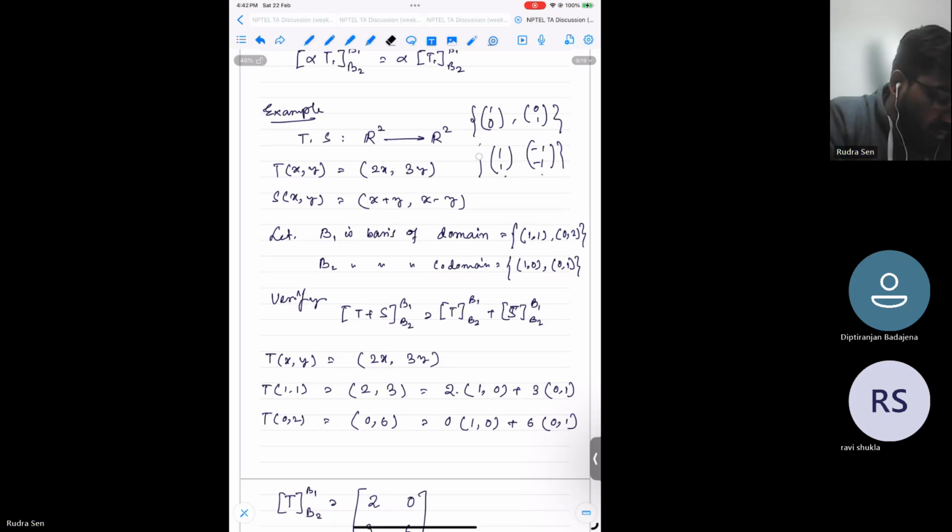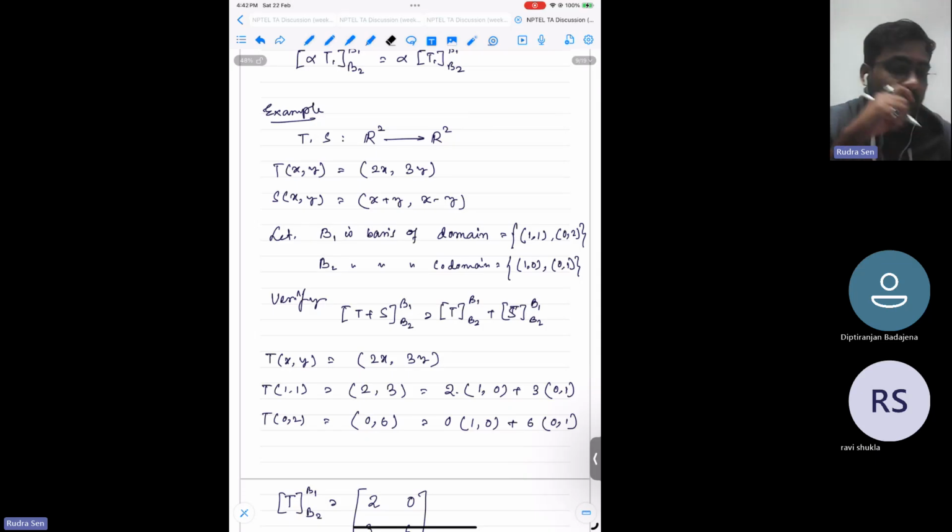So when you choose a basis, you have to keep three things in mind. First of all, the dimension of the system. If the dimension of the space is 3 or 4, let's say you're talking about R3 space, then in the basis there must exist 3 vectors.